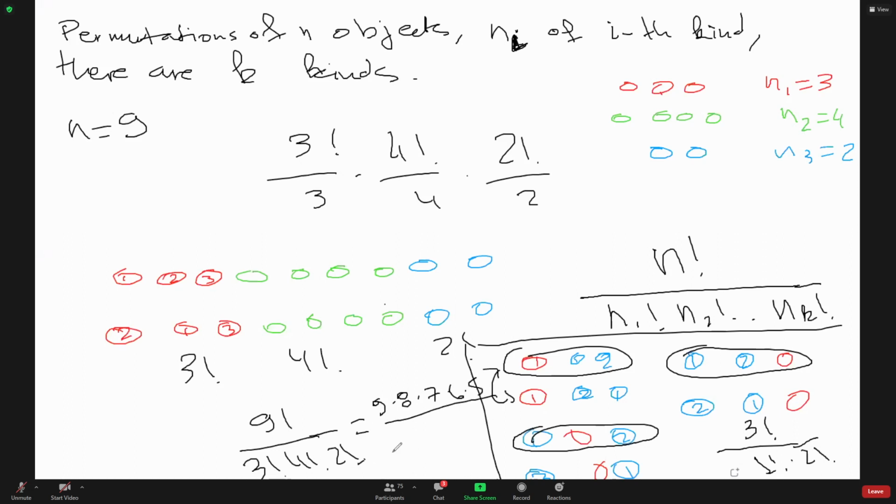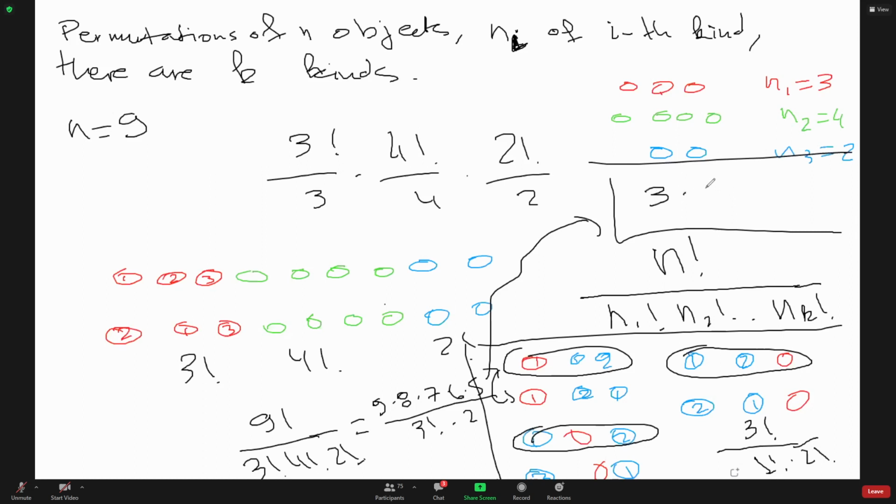And then 3 factorial, 2. So this is 3 times 2. I got 1,260. That's a nice number. But I don't know if this is the same as that? I don't think so. No, it's not.